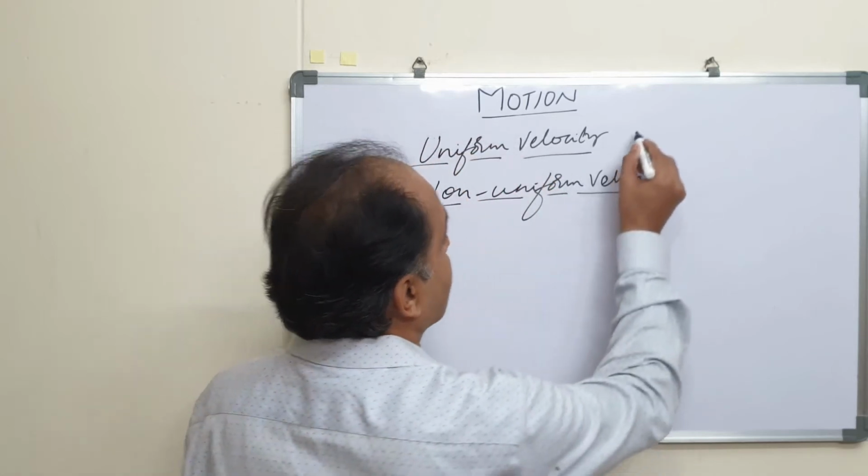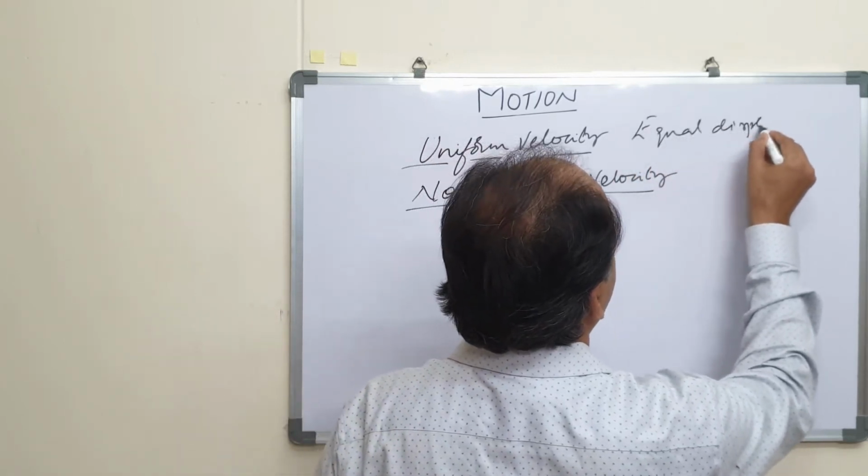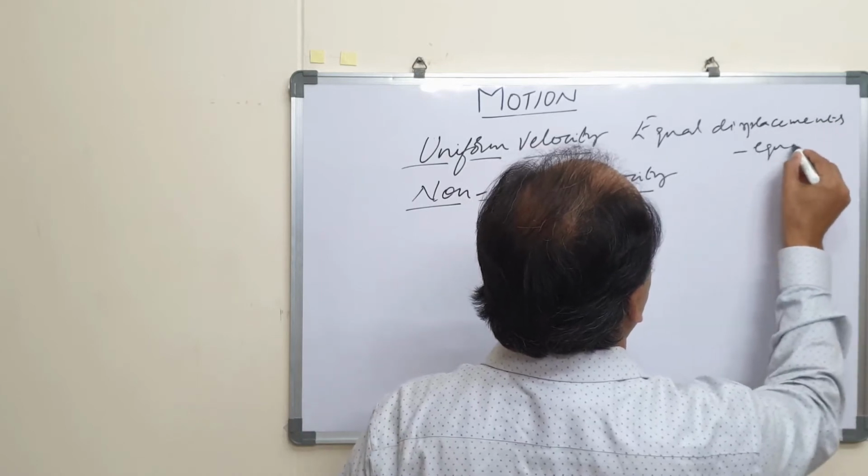So uniform velocity is equal displacements in equal intervals of time.